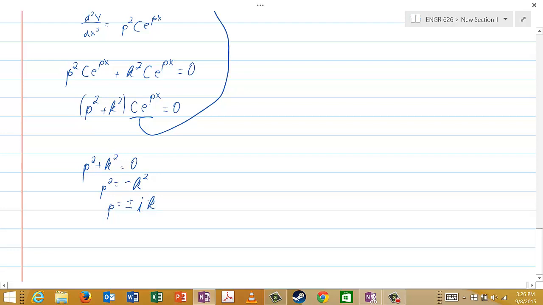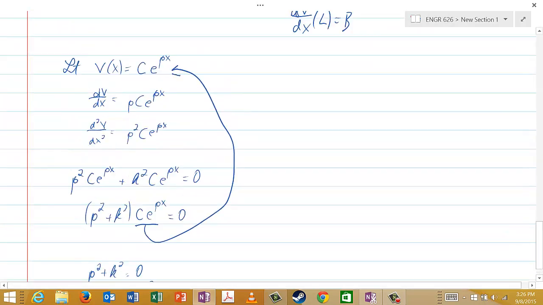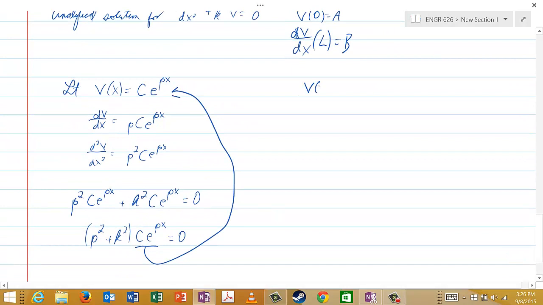If you wish, you can say j as well, whatever you want to call it. So our solution then is v of x equals c1 e to the ikx plus c2 e to the minus ikx. That's one way you can write it, and that's fine, but it's not the most convenient way to write the solution.